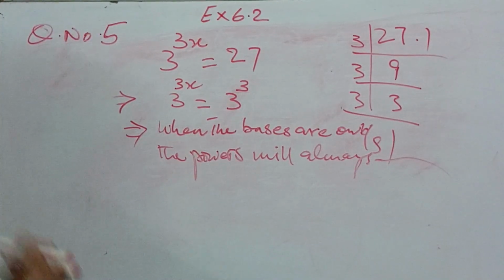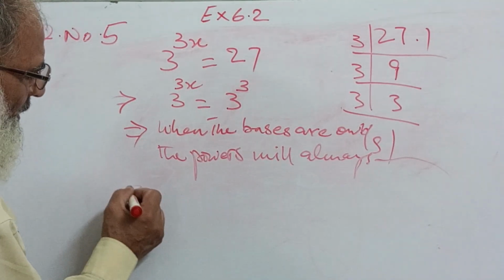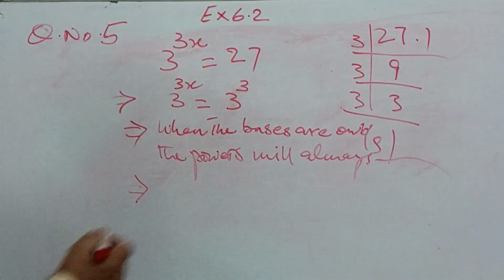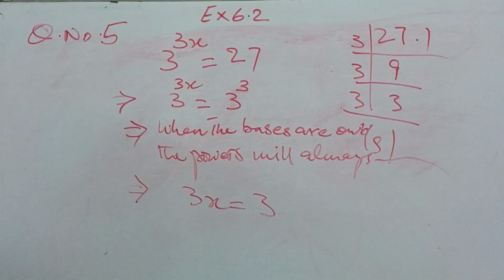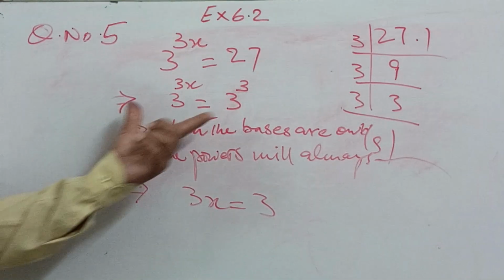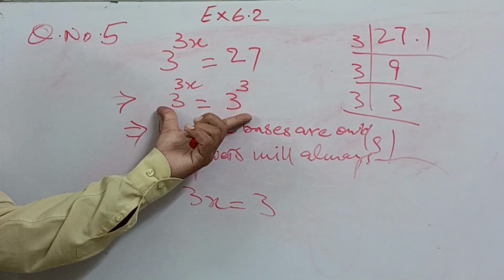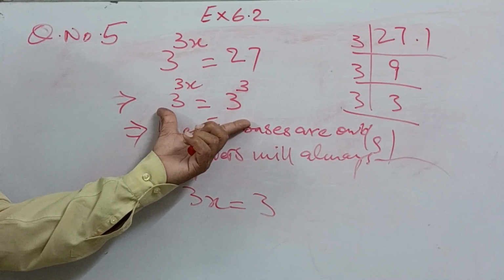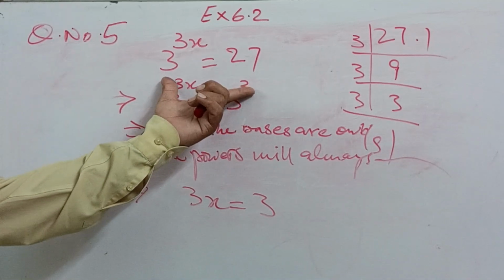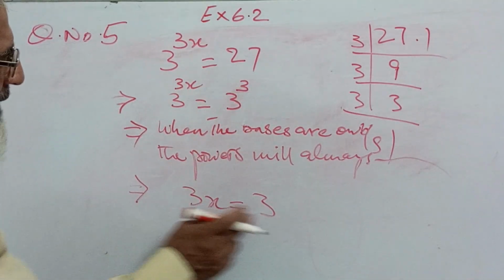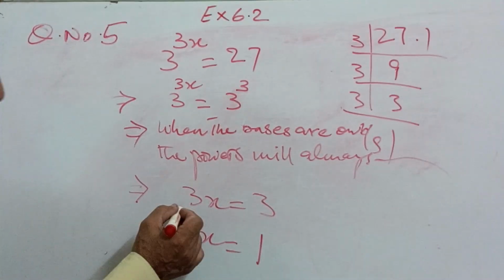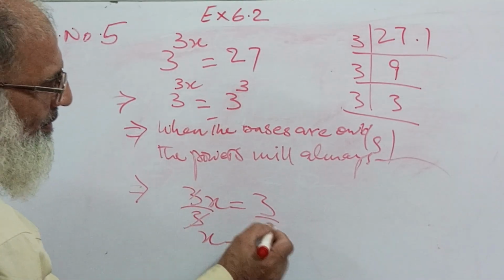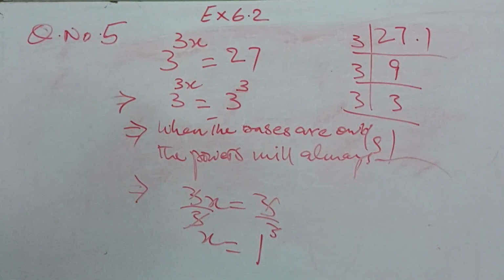Okay. So in the last, what has come? 3x is equal to 3. We have forgotten the bases; we have taken only the powers. 3x is equal to 3 and x is equal to 1.